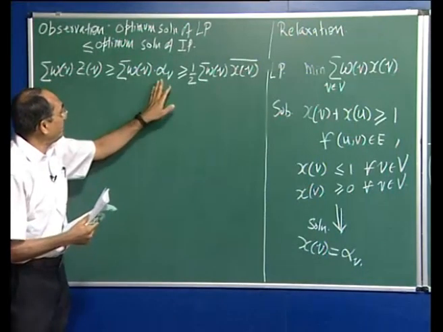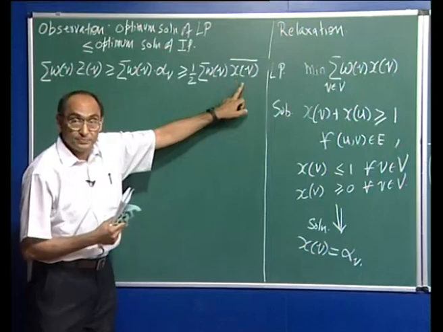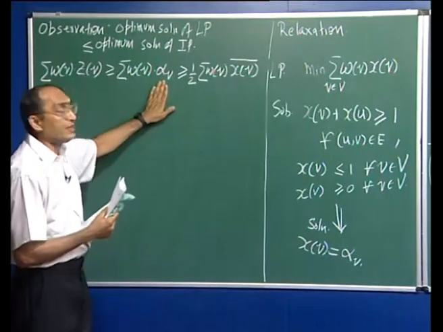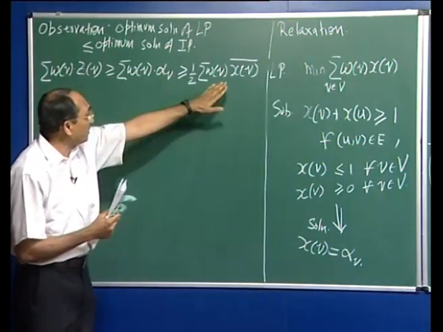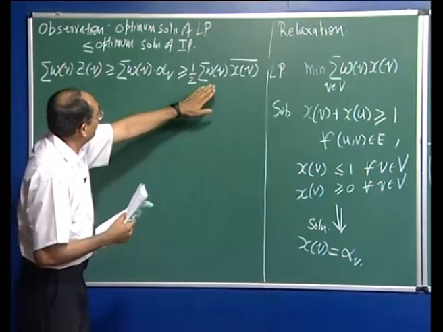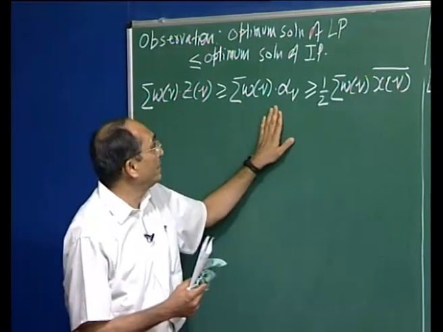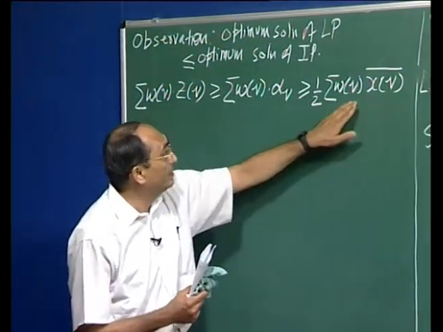Notice that every value that was half or more was pushed up to value 1, but there might be some other values which are less than half which were set to 0. So this value cannot be less than 1/2 of this value.